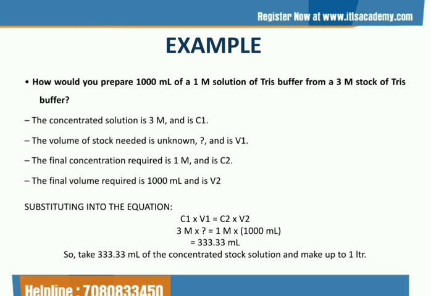The final concentration required is 1 molar and is C2, and the final volume required is 1000 ml and is V2. Substituting into the equation, 3 molar into V1 equals 1 molar into 1000 milliliters. The answer will be 333.33 milliliters. So take 333.33 milliliters of the concentrated stock solution and make up to 1 liter.